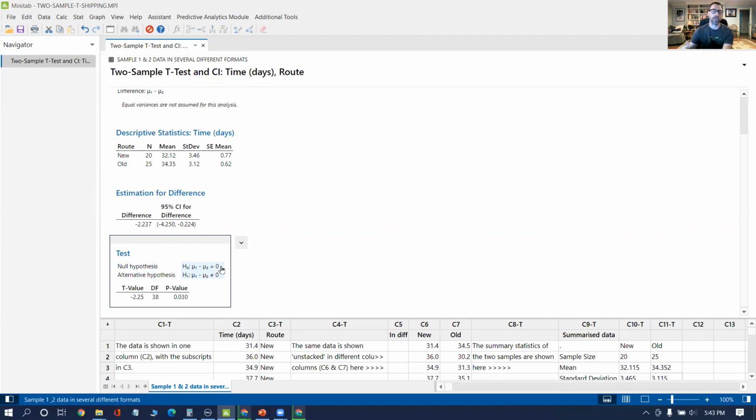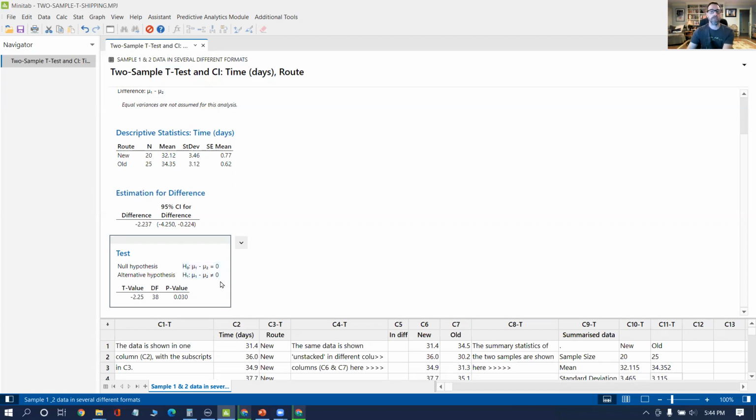The null hypothesis: there is no difference in the average time it takes to ship goods via the new route versus the average time it took to ship goods via the old route. There is no difference. So if we subtract mu sub 2 from mu sub 1, the difference would be 0 because there's no difference. X minus X equals 0.